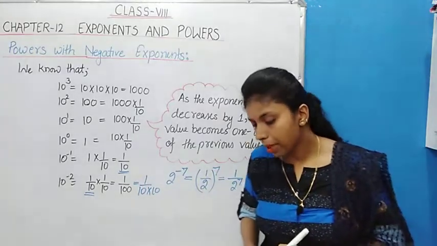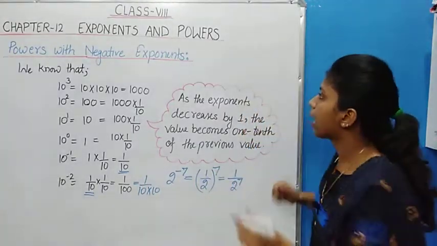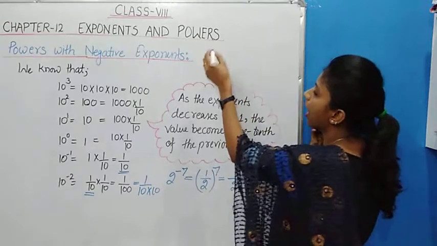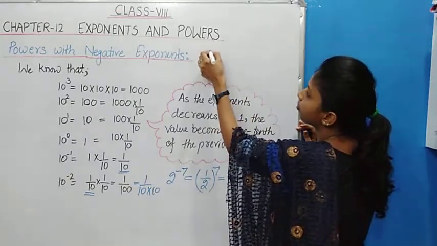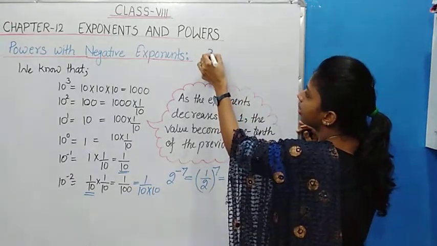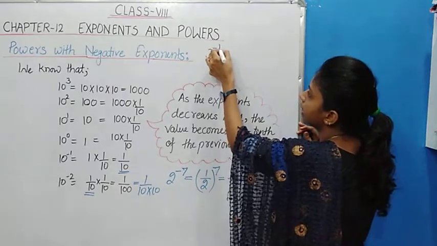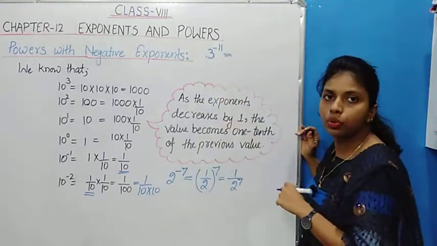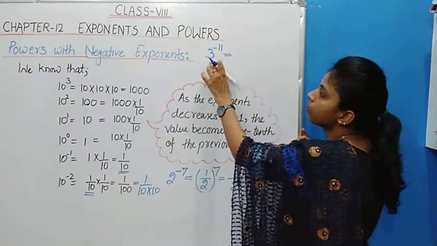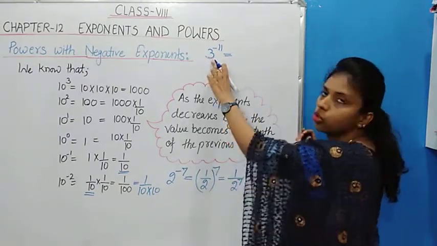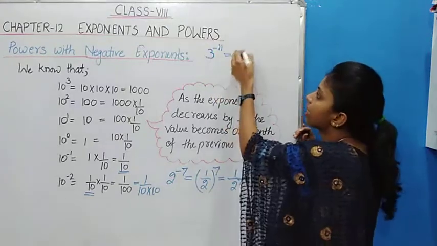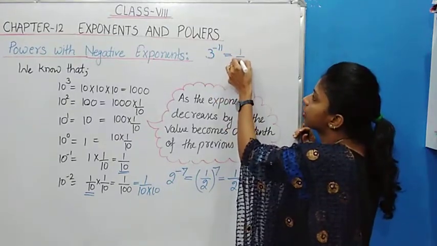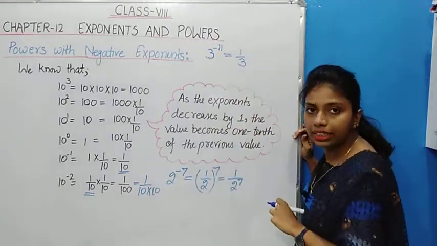We can take some more examples. Suppose I am taking another example: how can we represent 3 raised to power minus 11? The first thing we do is take the reciprocal of the base number. Here the base is 3, so the reciprocal of the base is 1 by 3.